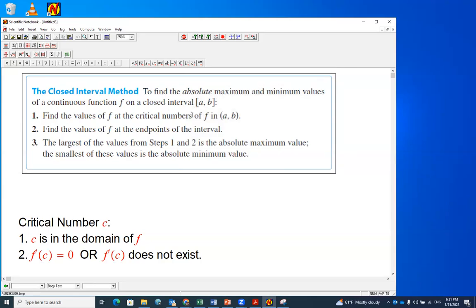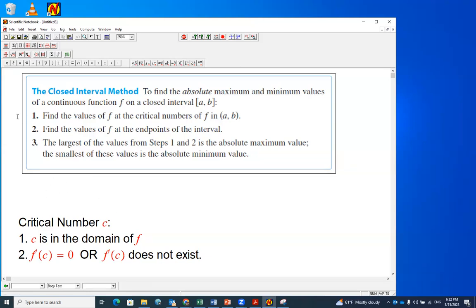The first step basically says we find all the critical numbers in the open interval, then find the values of the function at the critical numbers, then find the values of the function at the endpoints, and then compare these numbers. Whichever gives us the largest function value is the absolute max, and likewise whichever gives us the smallest value is the absolute min.